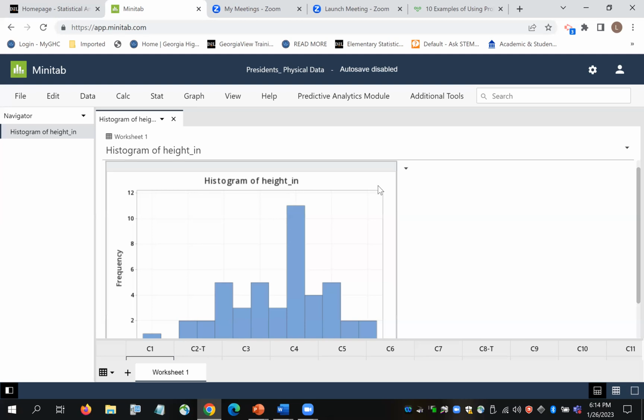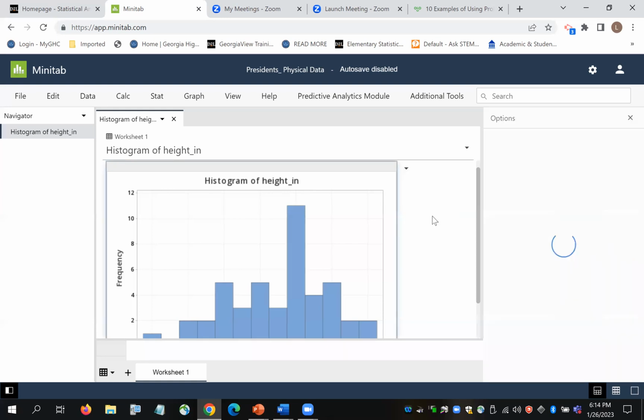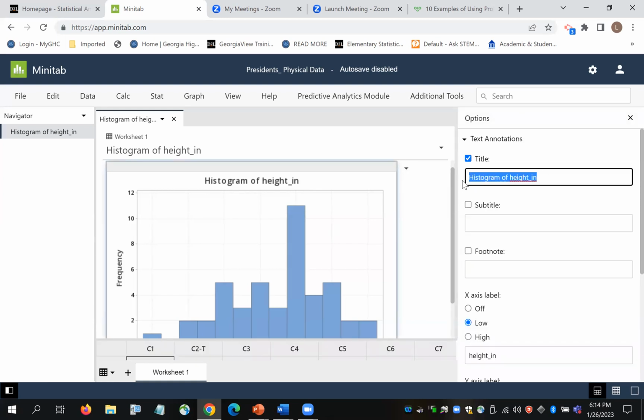To do that, click somewhere near the graph and then use this drop down menu, the upside down triangle in the right corner, to change the title. So this is the heights in inches of US presidents.